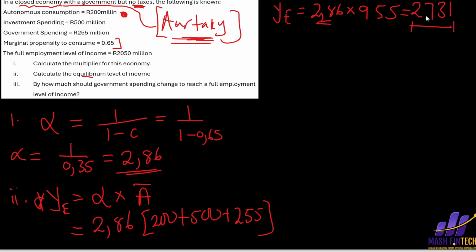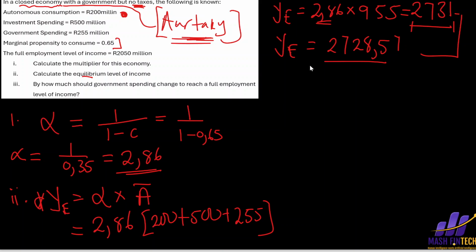My advice when you're doing this is that you can save the whole value and use it as it is. If you use the whole value, you should get an equilibrium level of income which I got earlier, 2728.57. Again, I rounded off to 2 decimal places, but it's fine. This is neither here nor there. What's important is understanding the concept.